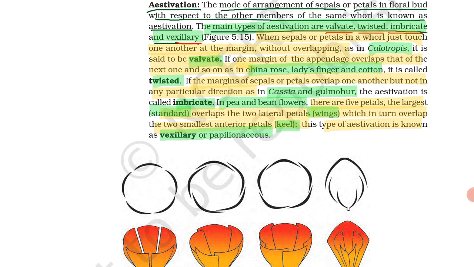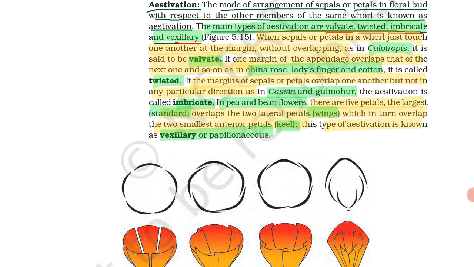So let's revise aestivation. There are 4 types of aestivation: valvate, twisted, imbricate, and vexillary. In valvate aestivation, sepals and petals in the whorl just touch one another at the margin without overlapping, as seen in Calotropis. Next, if one margin of the appendage overlaps the next one, and so on, it is seen in China rose, ladyfinger, and cotton, and this type is called twisted aestivation.